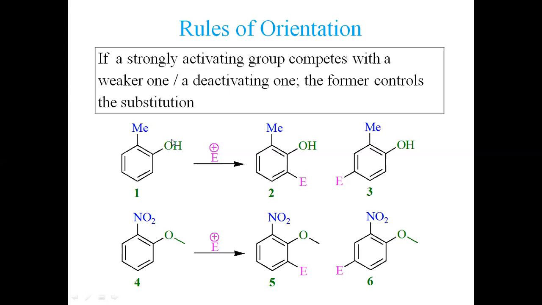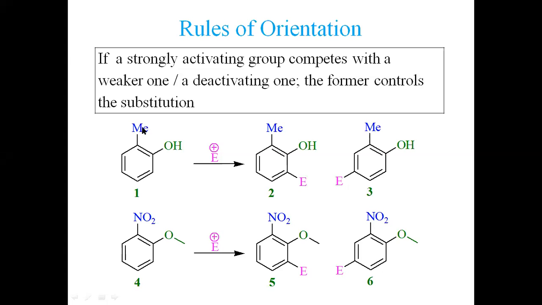So if you have a comparison between activating, here methoxy is also strongly activating. Here phenolic is strongly activating. Both of these two are different. This is activating but to a small extent. This is deactivating in fact. I have taken 2 examples just to illustrate these 2 principles.